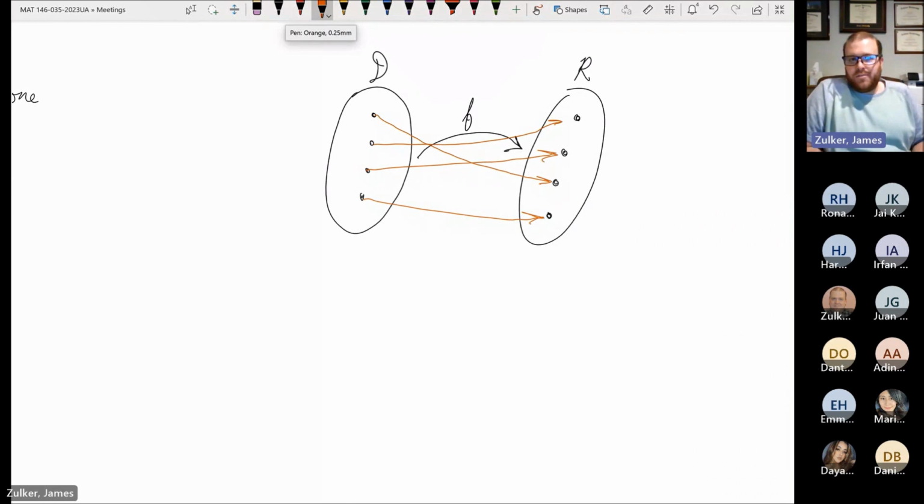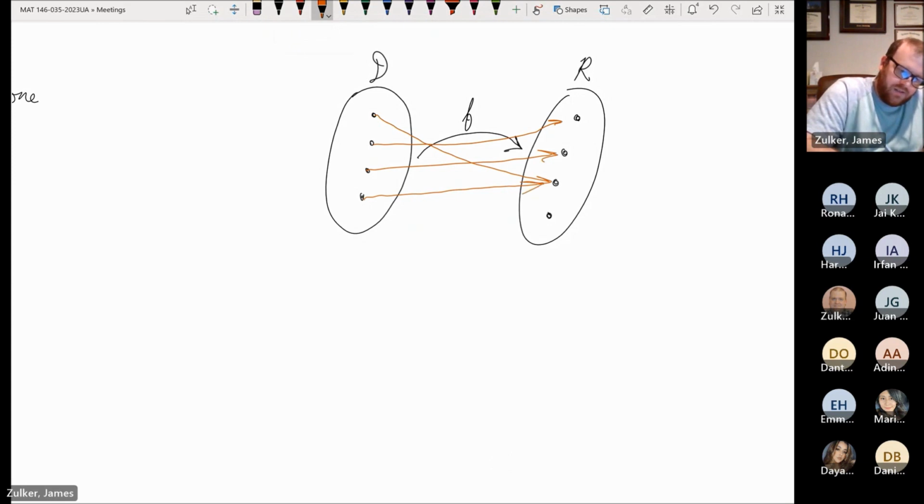That would be 1-to-1, right? Notice that each element in your range has only one arrow that goes to it. But now if I do this instead, now it's not 1-to-1, right? This dot here has 2 arrows that go to it.